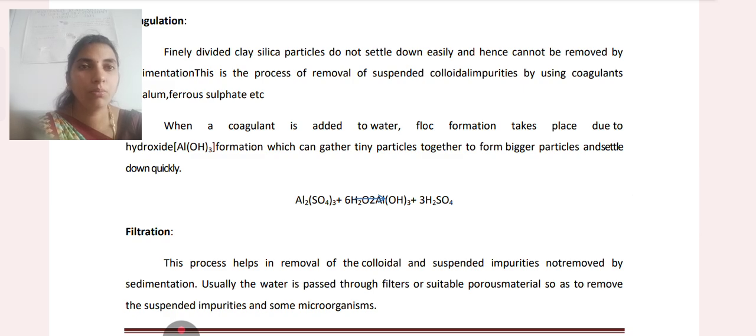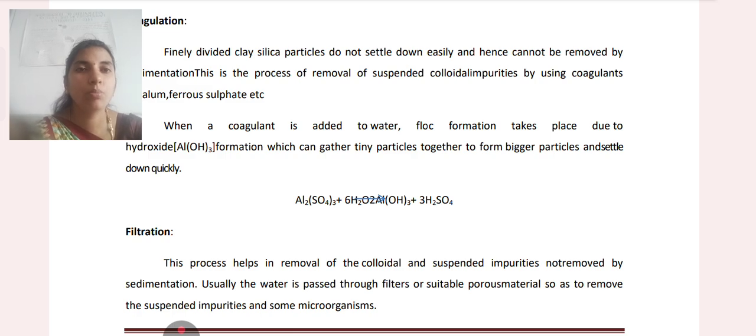Al2(SO4)3 plus 6H2O gives 2Al(OH)3 plus 3H2SO4.